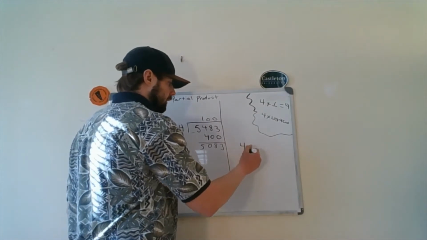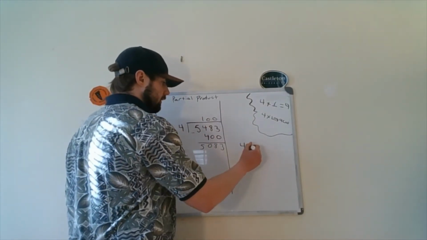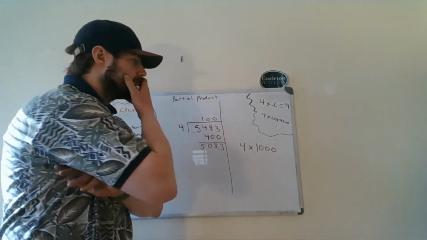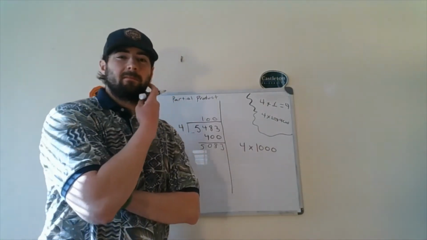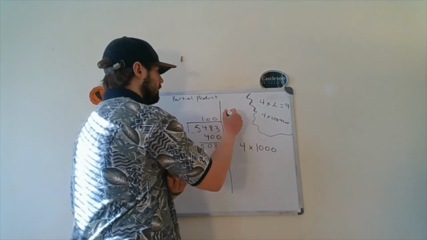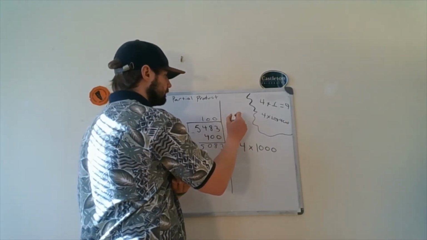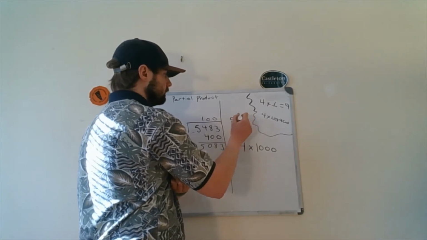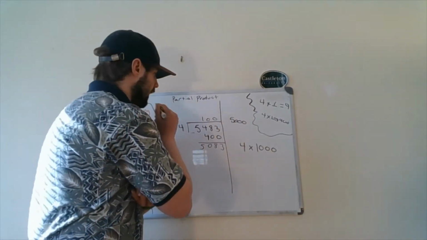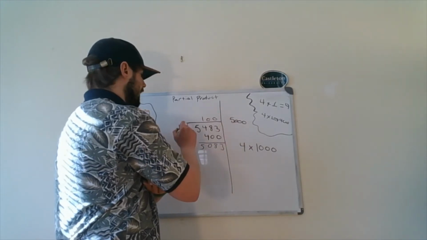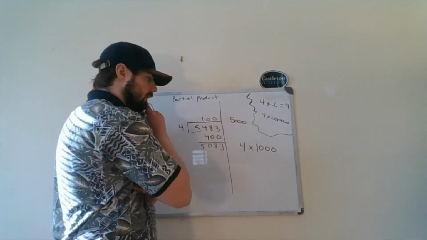Let me think, if I'm in the thousands place, if I multiply 4 times 1,000, what am I going to get? If I want to get to a number close to 5,000, okay, I know I could divide 4 into 5,000. I know I could divide 4 into 5.